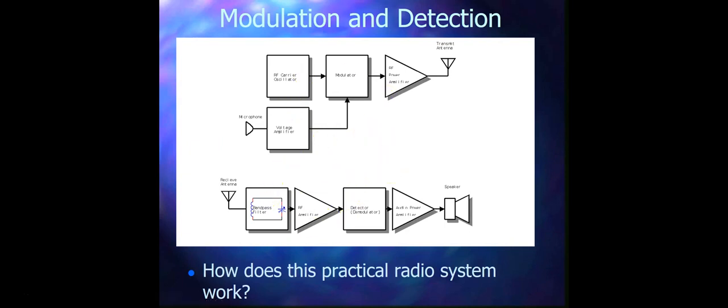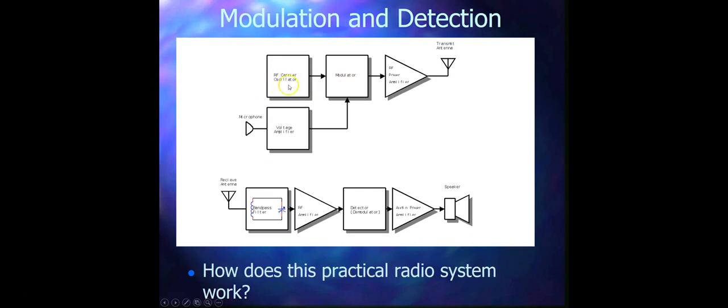Every radio transmitter is assigned to operate on a specific carrier frequency, and the job of the carrier oscillator, which is connected to the modulator, is to generate this carrier frequency. It generates it and sends it to the modulator.